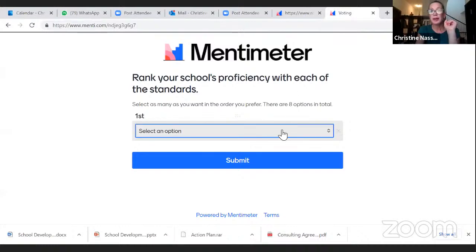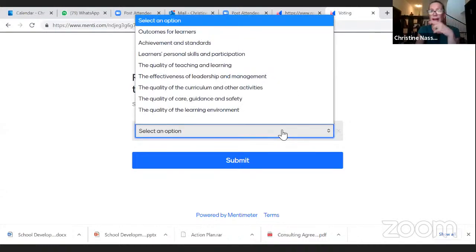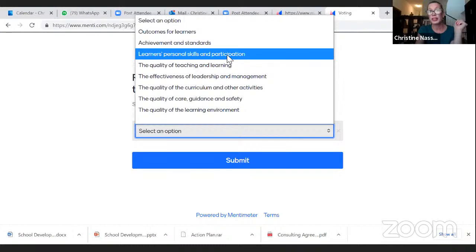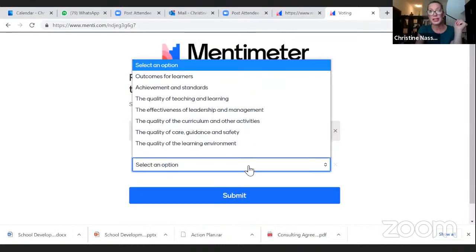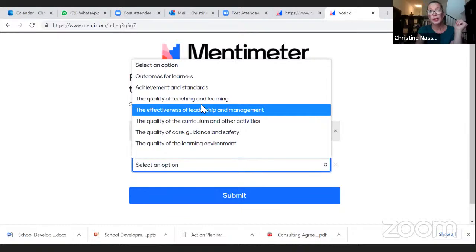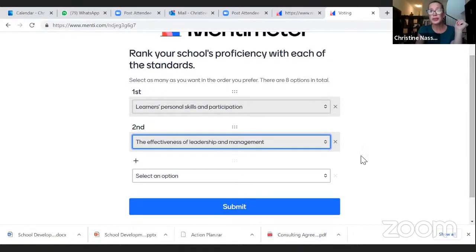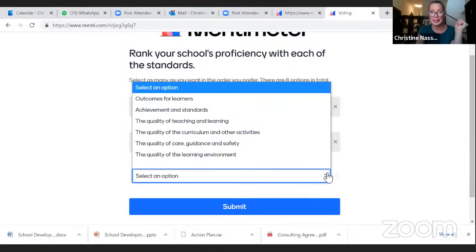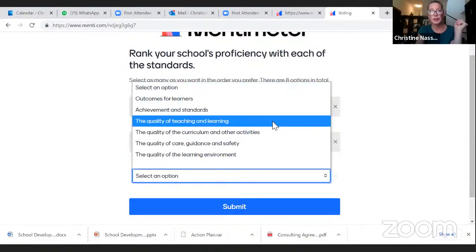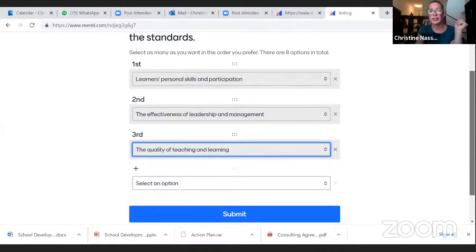So again, here, if I were to rank, and I have a school where I'm on the board, just in mind, thinking about what it is that they do best. For them, it's learners' personal skills and participation, quality of leadership and management. No one's going to hold you to this. It's completely anonymous. Quality of teaching and learning.